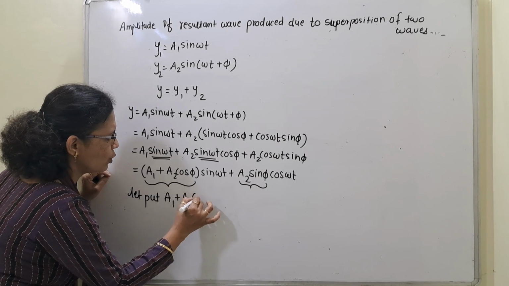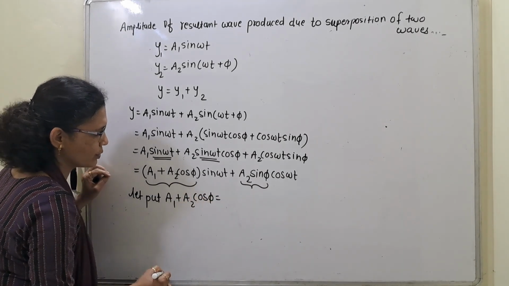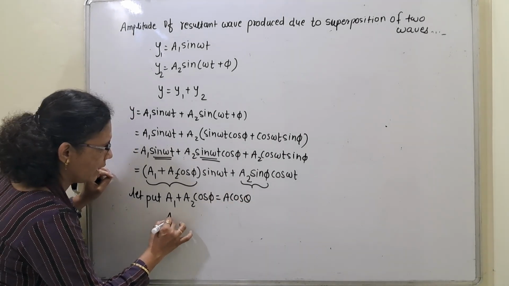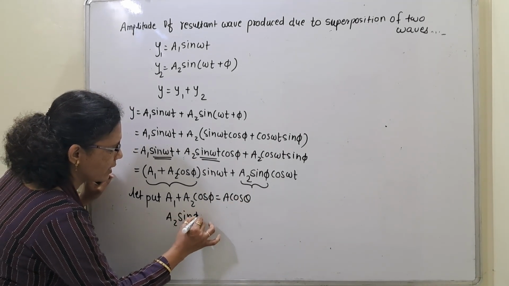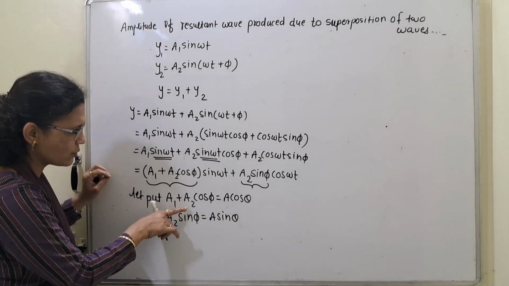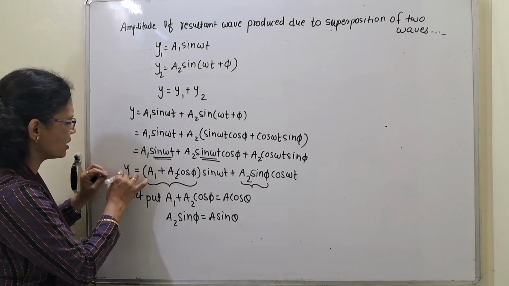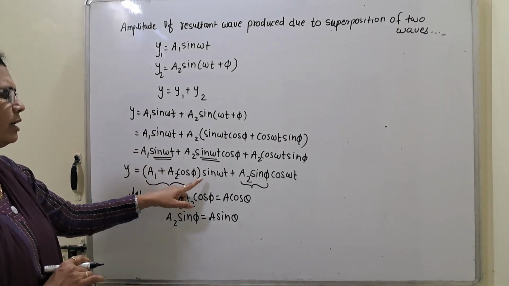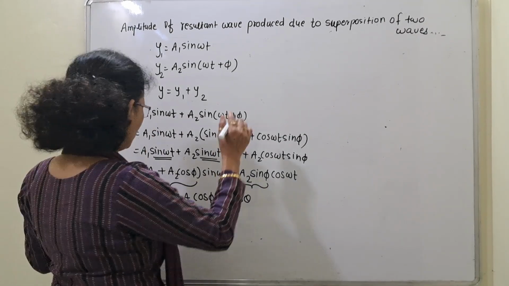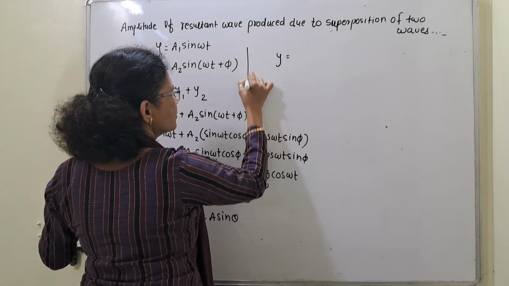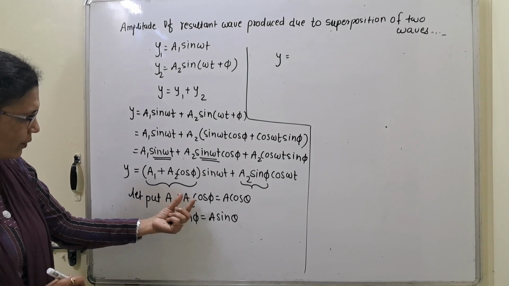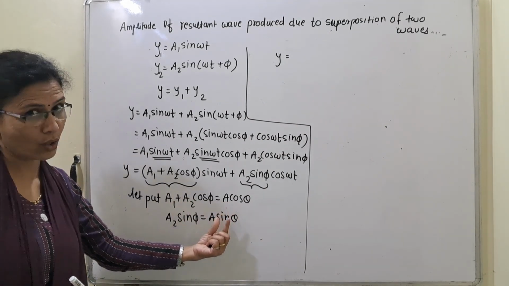Means let us put a1 plus a2 cos of phi equal to A cos of theta and a2 sin phi equal to A sine of theta. If we put these values in the above expression, that is y is equal to a1 plus a2 cos phi into sine omega t plus a2 sine phi cos omega t, we will get y is equal to, in place of a1 plus a2 cos of phi, I have to write A cos theta.